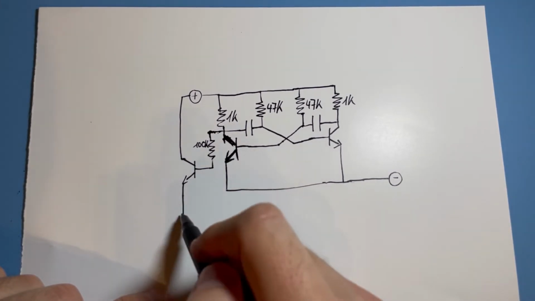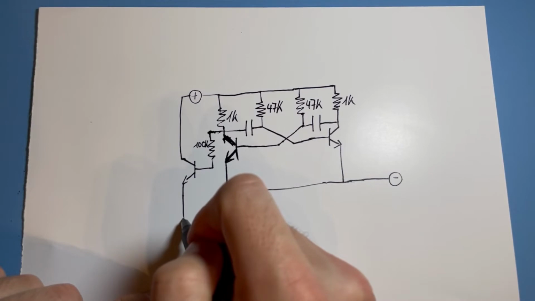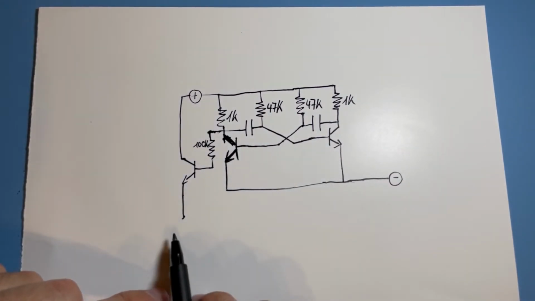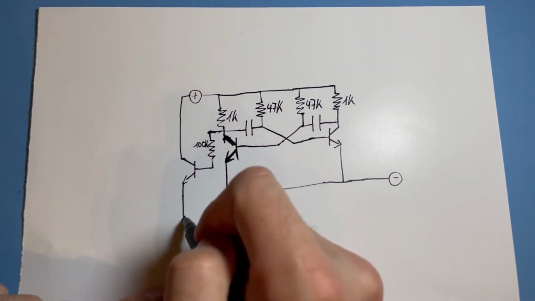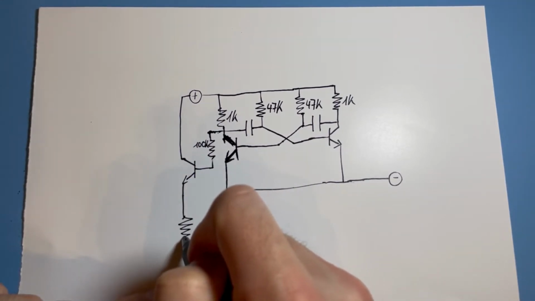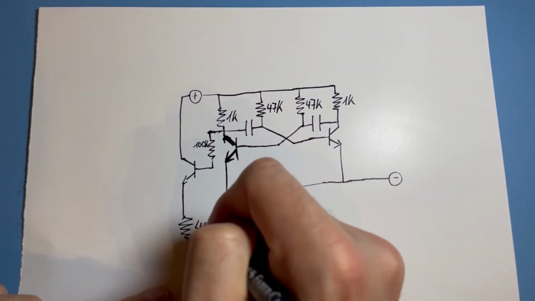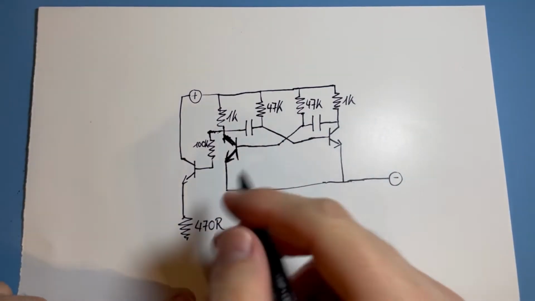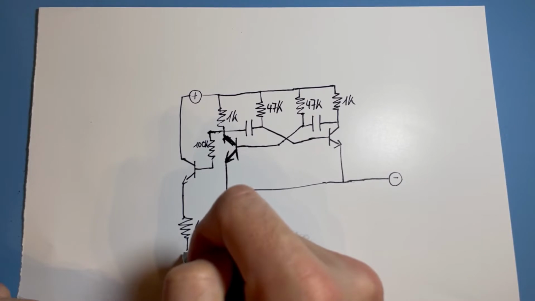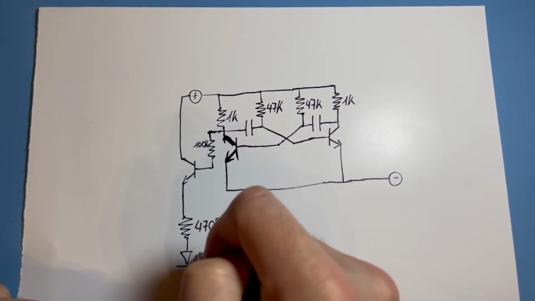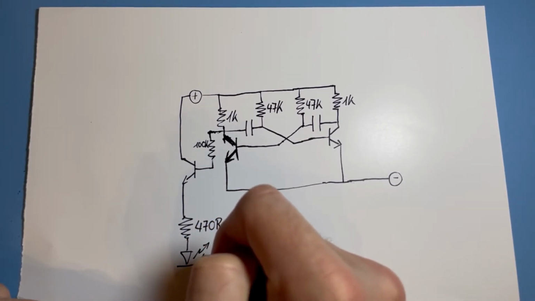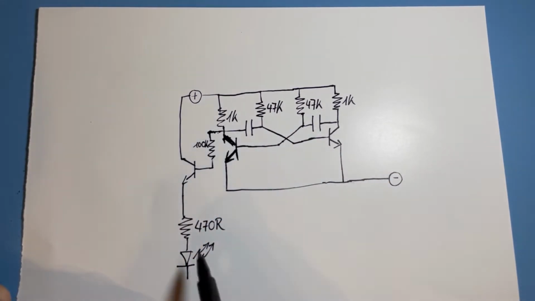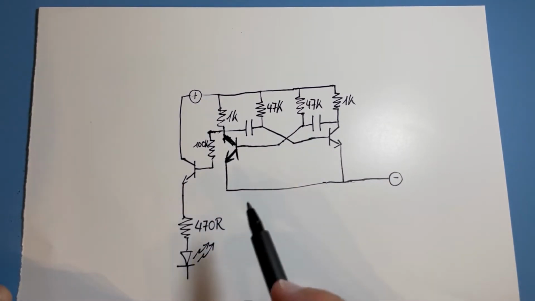So then we go through this, and now you can choose what you want to drive with that circuit. Let's say we drive an LED. Because it's an LED, we need 470 ohm here in front of the LED, and then the LED itself. No LED can be connected directly to a voltage, because it would break.